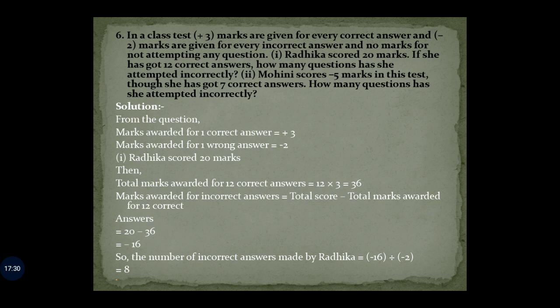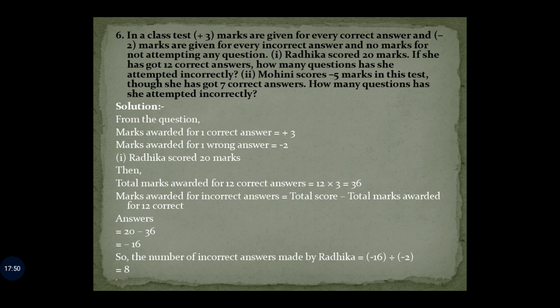Solution for the problem is, from the question, marks awarded for 1 correct answer is plus 3. Marks awarded for 1 wrong answer is minus 2. Case 1. Radhika scored 20 marks. Then total marks awarded for 12 correct answers is equal to 12 into 3, 36.